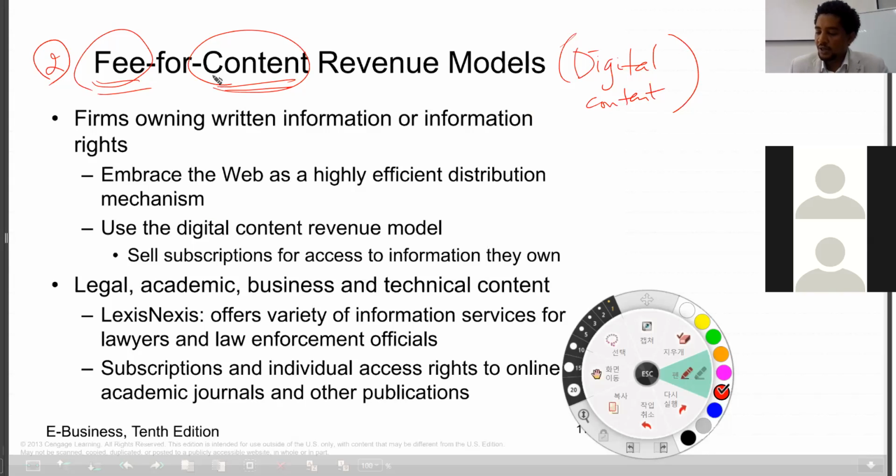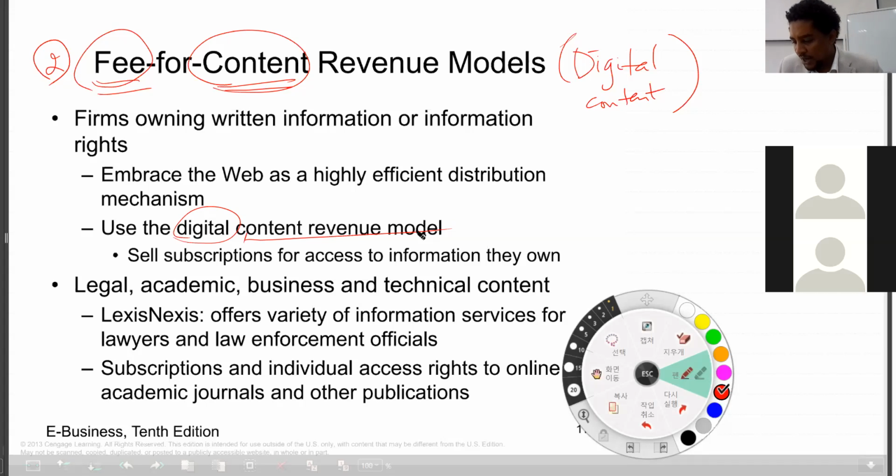They use this digital content revenue model. They sell subscriptions for access to information they own. So these websites have information, and they need your subscription to give you this information. The information is the content that you get for a fee or for a subscription. That's why it is called fee for content.